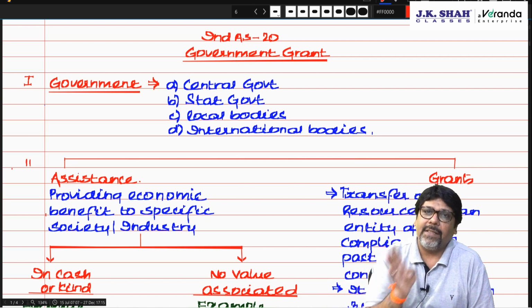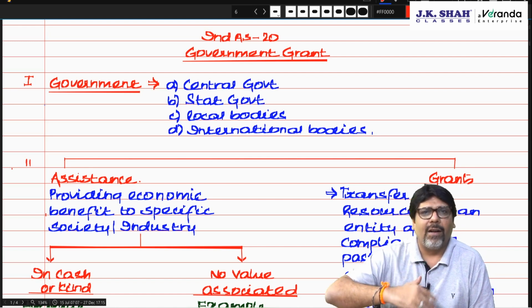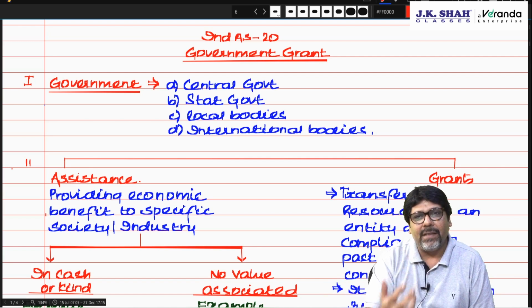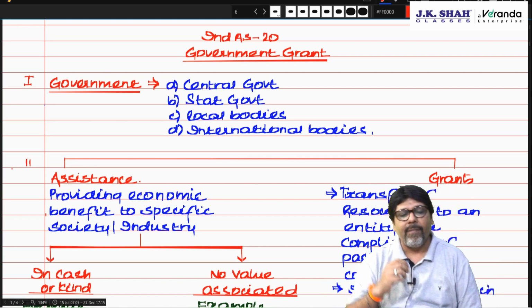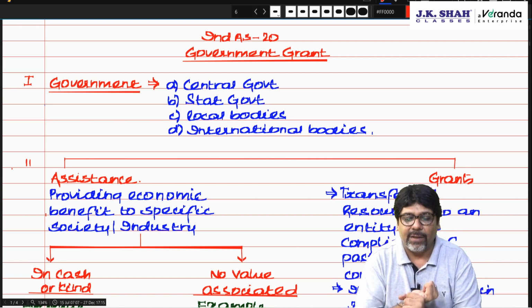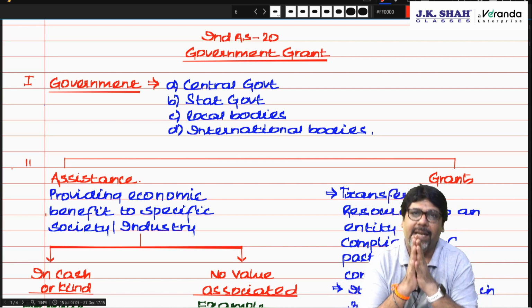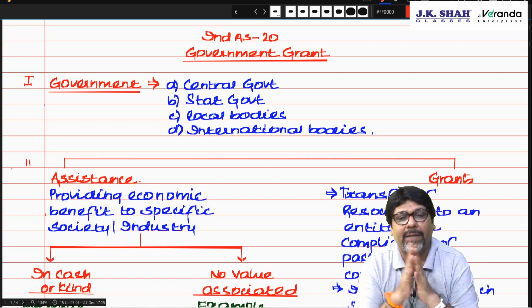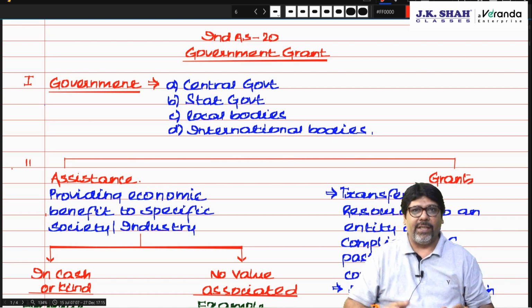The facilities which government are providing for ease of doing business are obviously definitely an assistance by the government, but that ease of doing business cannot be quantified in terms of money. Example, single window clearance, speedy paperwork, 24/7 electricity, high speed internet. All these facilities government is giving us, but this cannot be quantified in terms of money. Correct? So only disclosure is required.